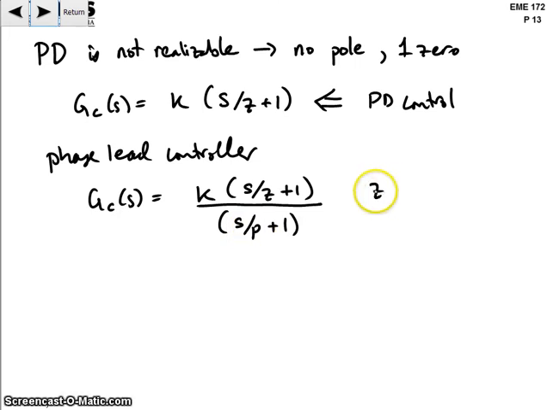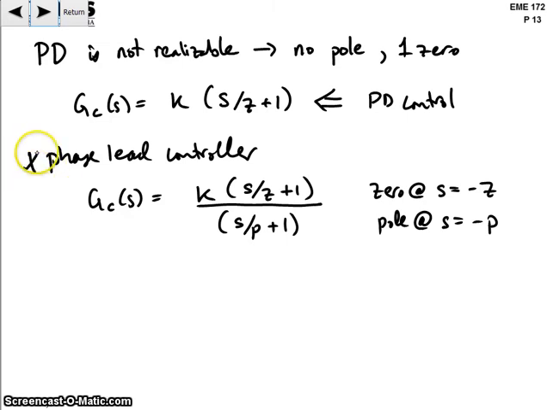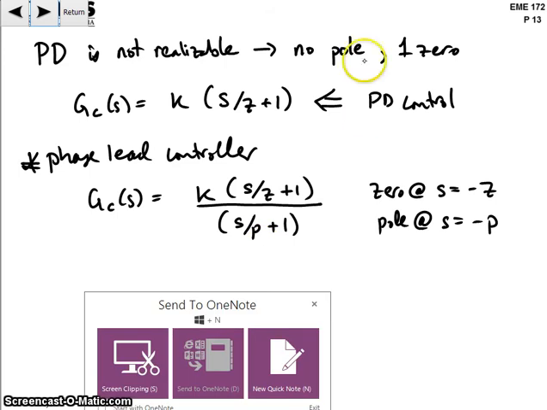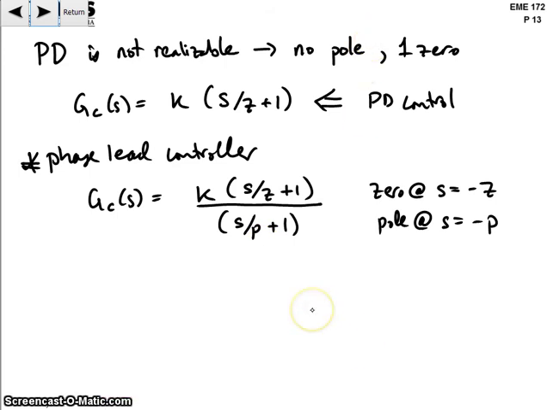It has a 0 at S equals minus Z and a pole at S equals minus P. And one way we can think about the phase lead controller, first of all, it is realizable. This additional section, we can think about as being like a PD controller followed by a low-pass filter.